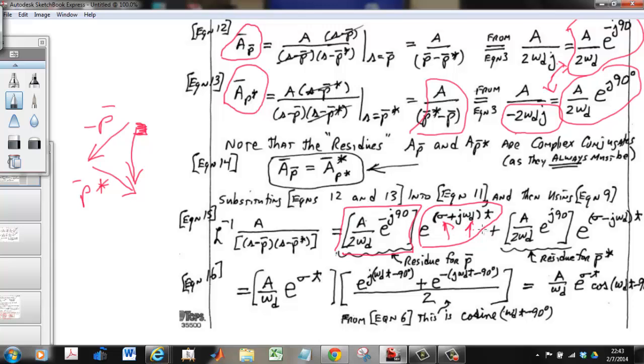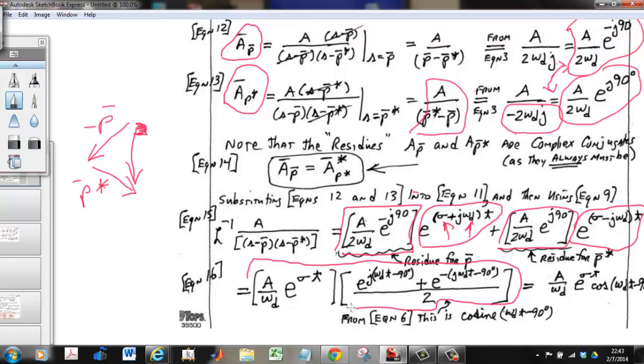And the second partial fraction expansion is the second residue times the complex conjugate Laplace transform, which is going to be e to the P star t, sigma minus j omega dt.